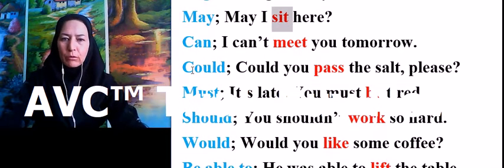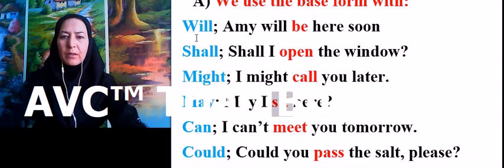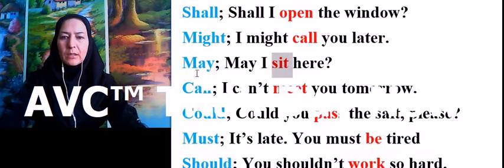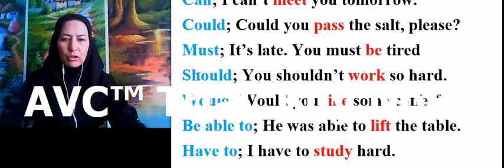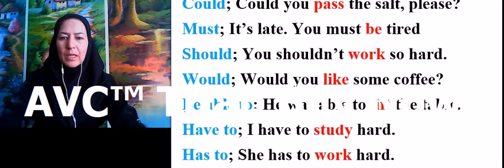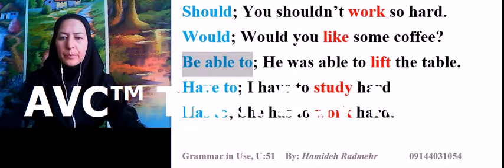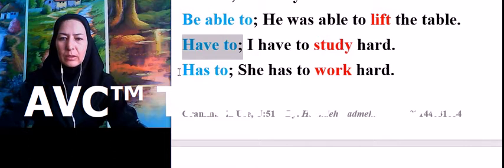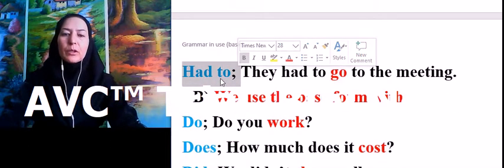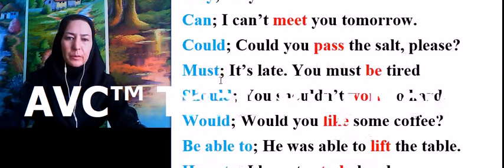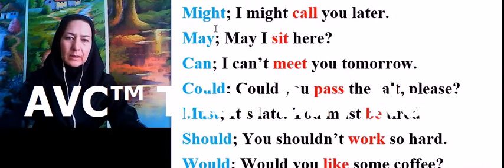So after all of these verbs, will, shall, might, may, can, could, must, should, would, be able to, have to, has to, and had to, we use base form of the verb. And what are these verbs?